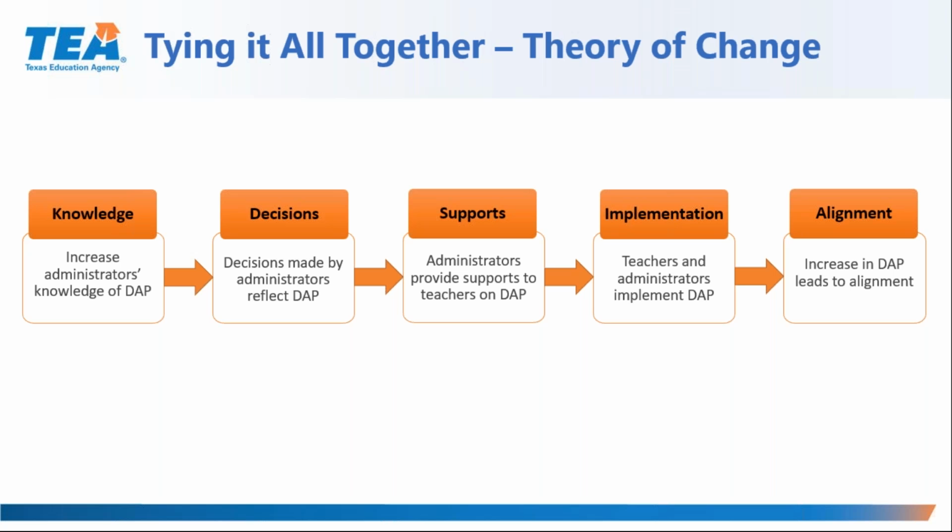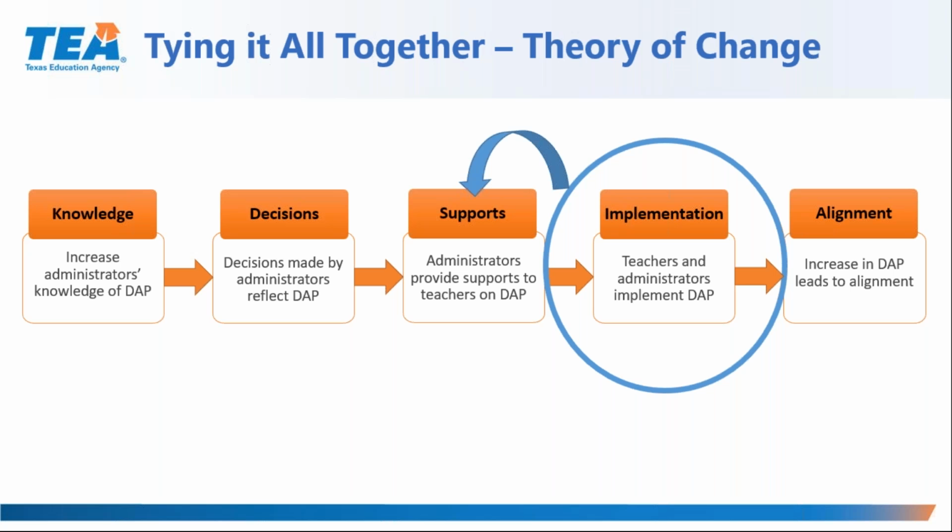And so before we move on to wrap things up, I do want to bring us back to tie everything together using our theory of change. So implementing free choice learning centers lies in the implementation bucket. But in order to make free choice centers work and be implemented in kindergarten classrooms, we need the support of administrators.